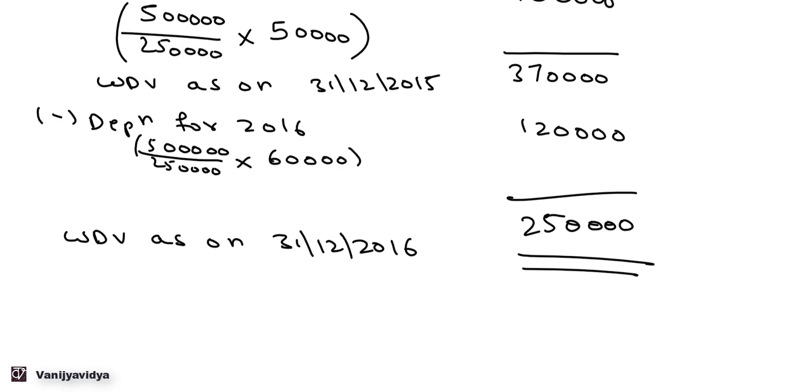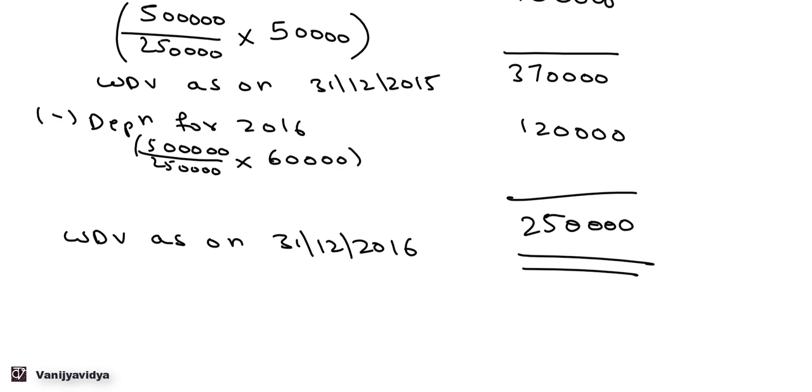In case of the machine hours method, the total anticipated machine hours for the life of the asset will be given, and then in every year how many machine hours are used will be given, and in a similar manner we can calculate depreciation using the machine hours method also.